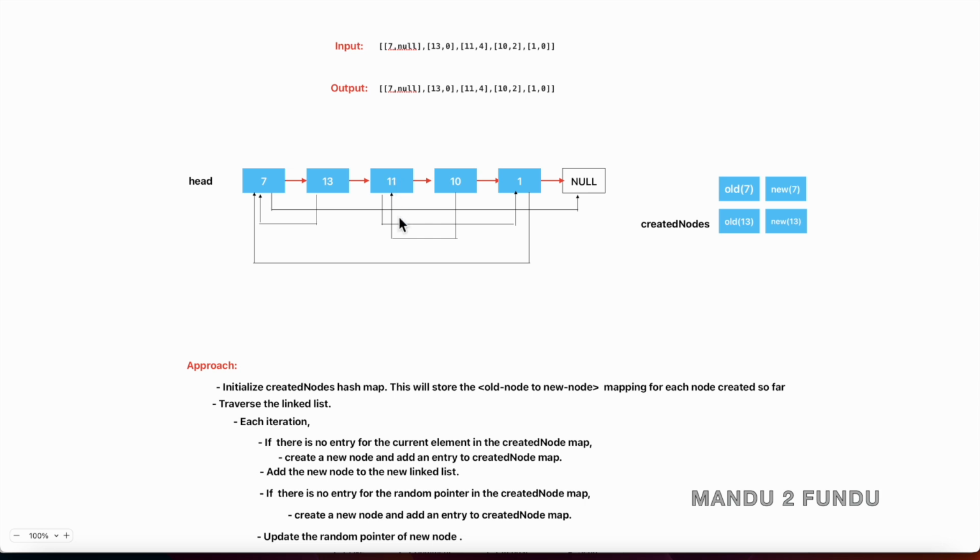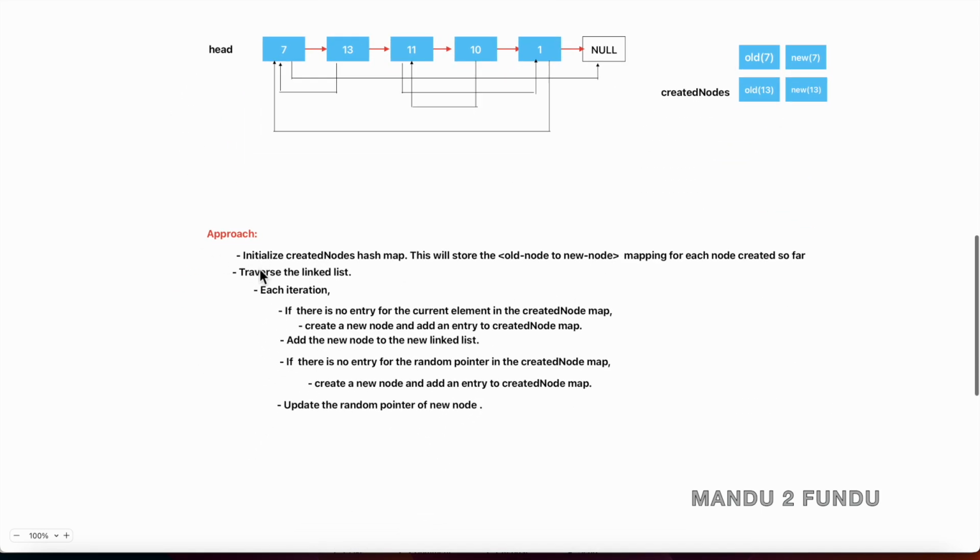And we repeat this until we reach the end of the list, and finally we get a copy of the original linked list that also represents the same state, with the random pointers pointing to the correct element as in the original input list.